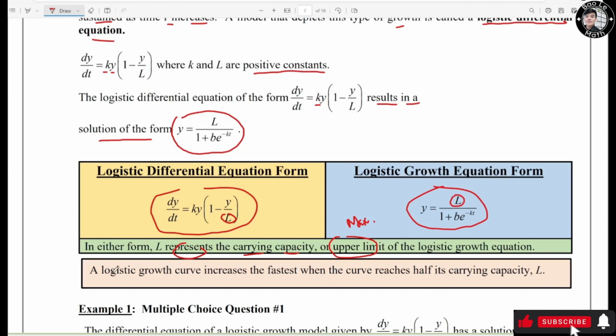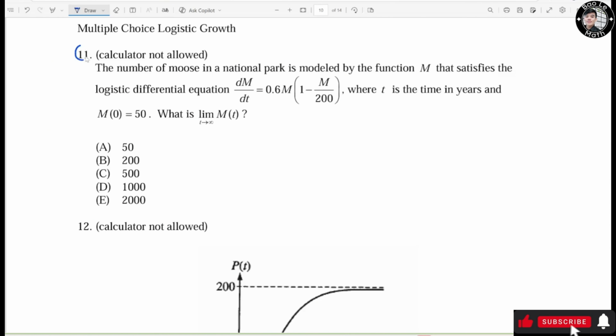A logistic growth curve increases the fastest when the curve reaches half its carrying capacity L. Now let's move on to question 11. The number of moose in a national park is modeled by the function m that satisfies the logistic differential equation dm/dt = 0.6m times (1 minus m over 200), where t is the time in years, and m of 0 equals 50.